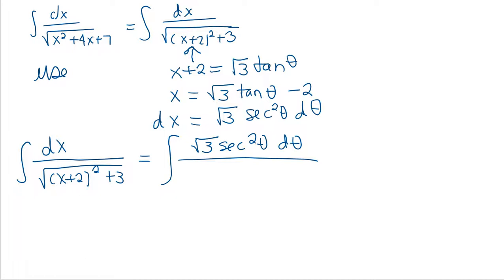So remember that for the x, under the square root, x is the square root of 3 times tan theta minus 2 squared.